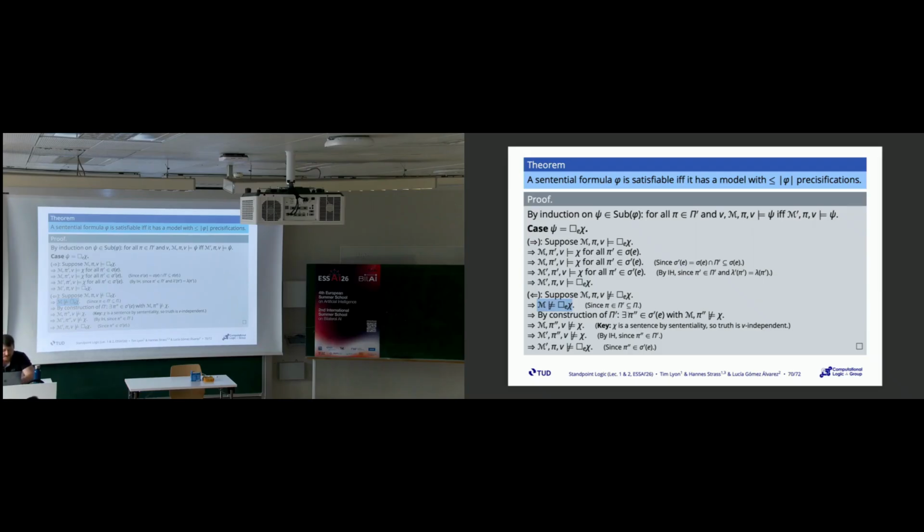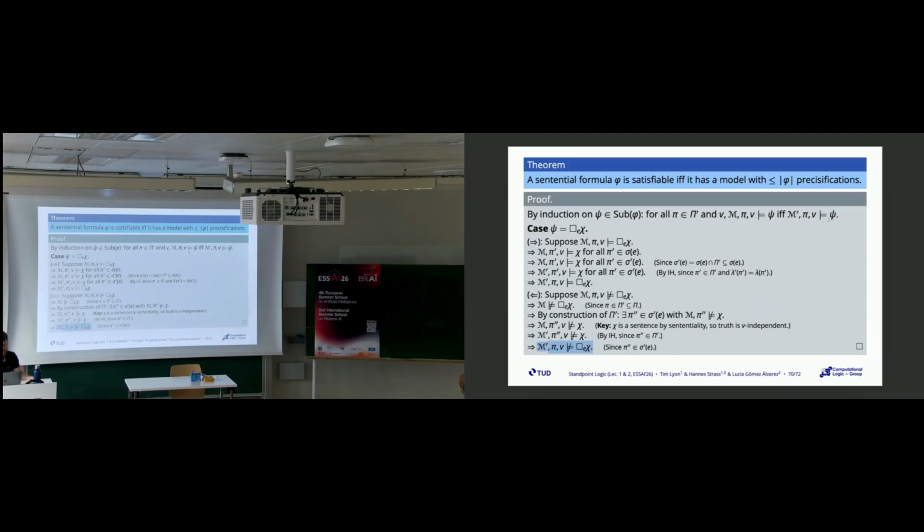So let that precisification be pi double prime. We have that chi does not hold in the model M on that particular precisification, following from the previous clause. And by the induction hypothesis, since chi has a smaller length, this means that chi does not hold relative to m prime in this precisification, which means that the box formula does not hold as well.